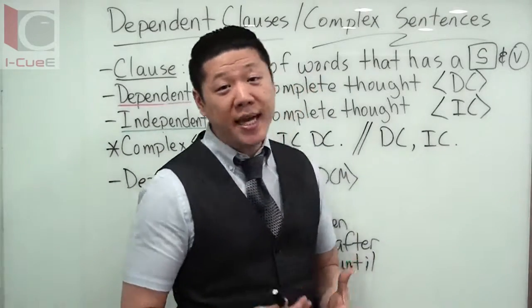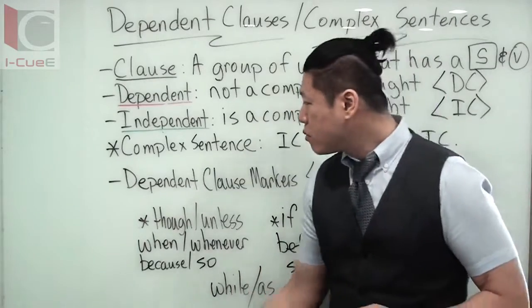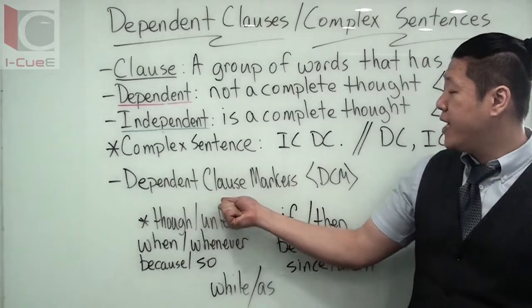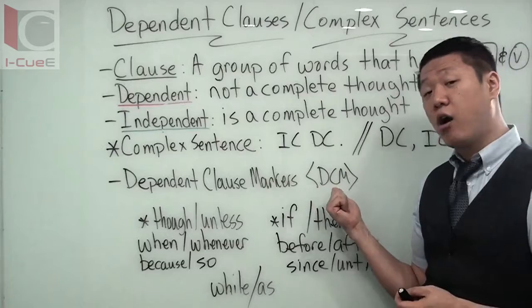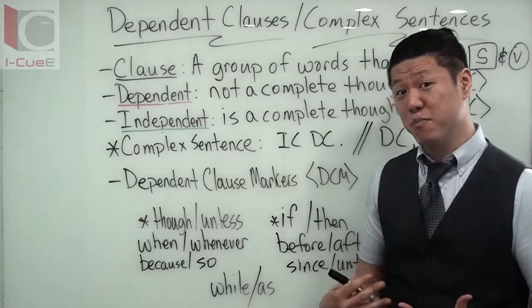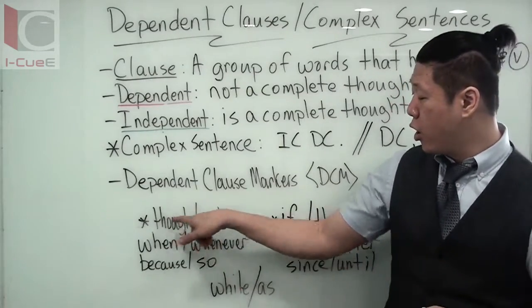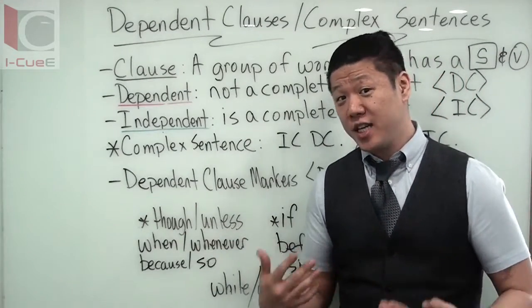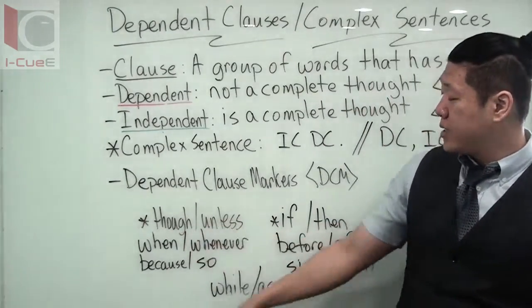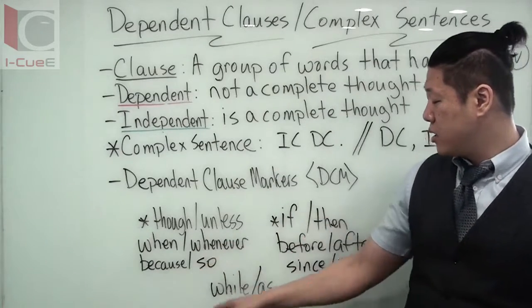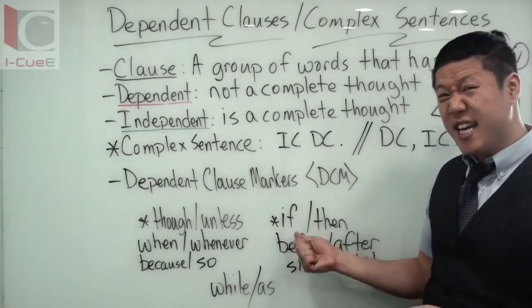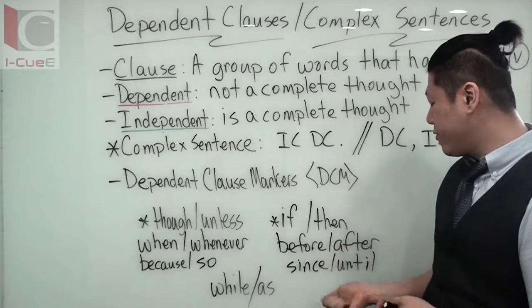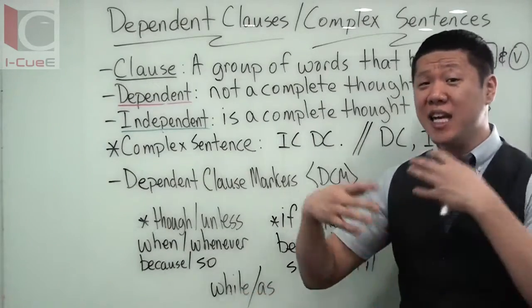So, what makes a dependent clause? A dependent clause has to have a dependent clause marker. We're going to also call these DCMs, okay? Like these words, though and unless. Though also has although and even though. Then when, whenever, because, so, if, as if, then, before, after, since, until, while, as, and many, many more.